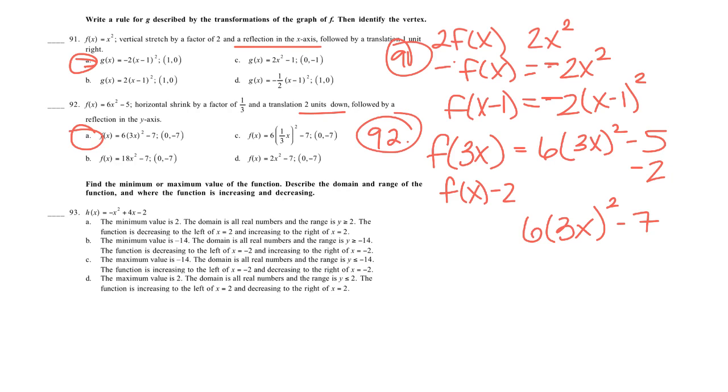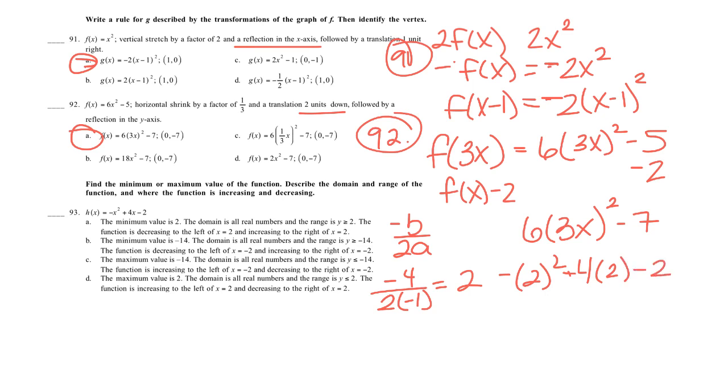Find the minimum or maximum value of the function. Describe the domain and range of the function, where the function is increasing and decreasing. So the minimum or maximum, negative b over 2a, is the x value, and then you plug that in to find the y value. So negative 4 over 2 times negative 1 gives me 2. When I plug that in, I get negative 2 squared plus 4 times 2 minus 2.